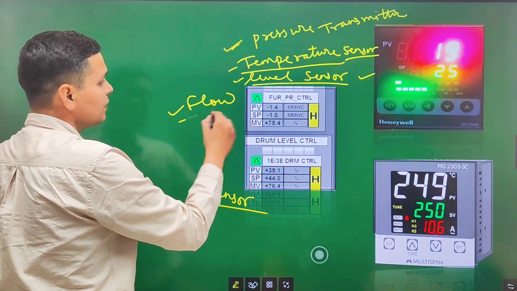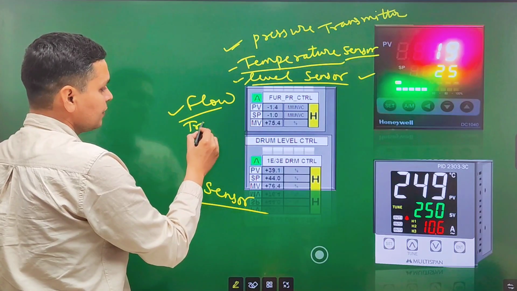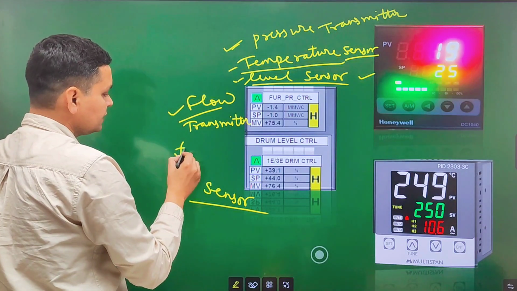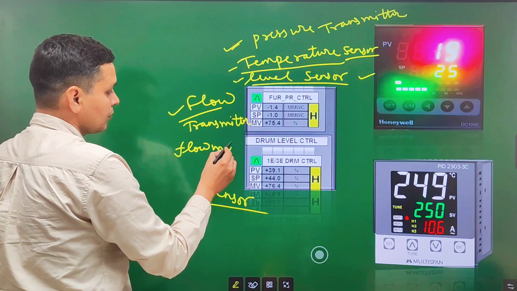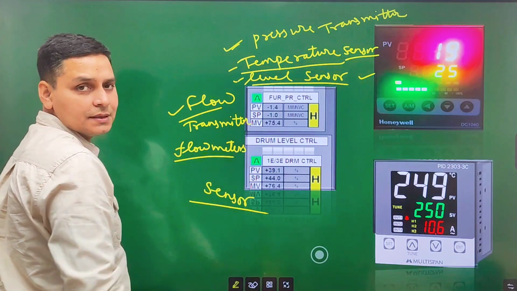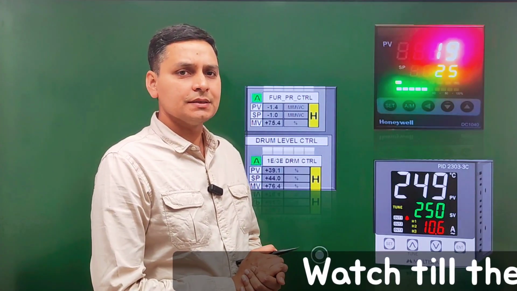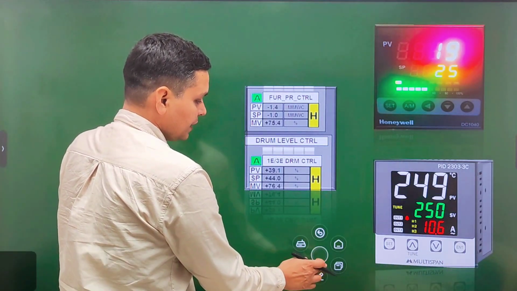If we are controlling the flow, we will use a flow transmitter, flow meters as sensors.